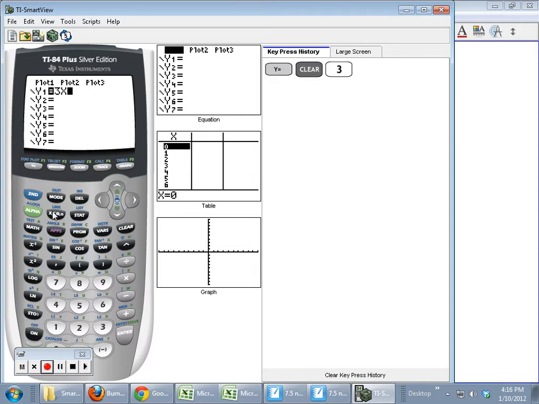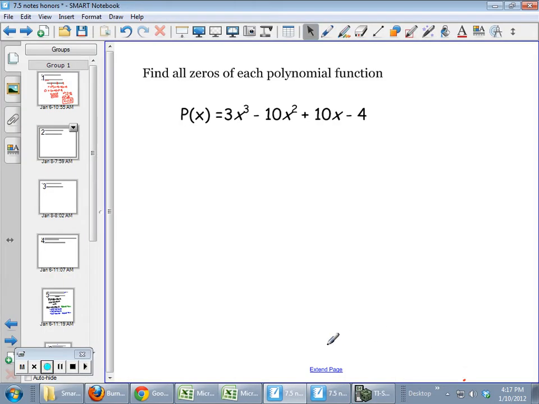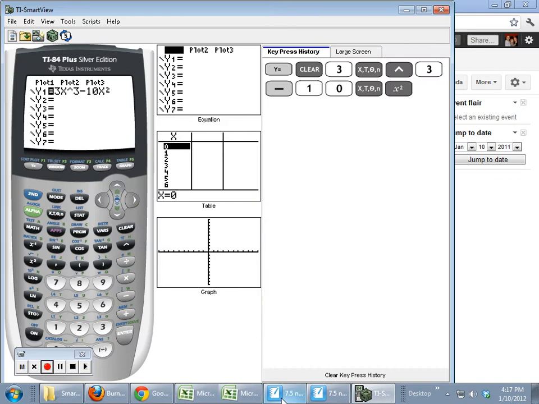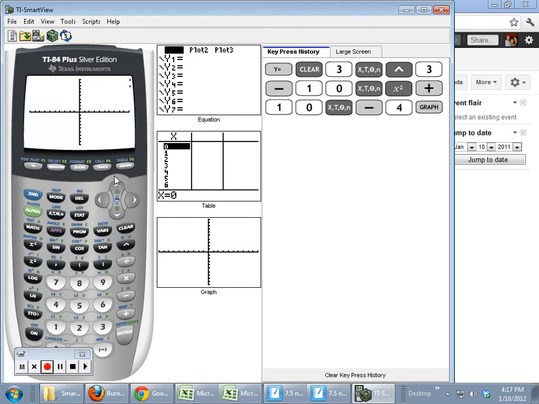Okay, so now I'm going to graph it and look and see where that crosses the x-axis.